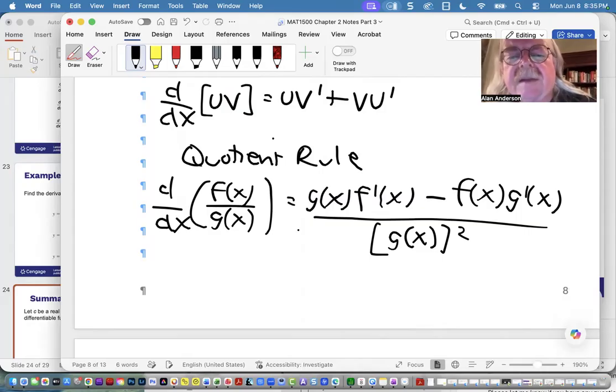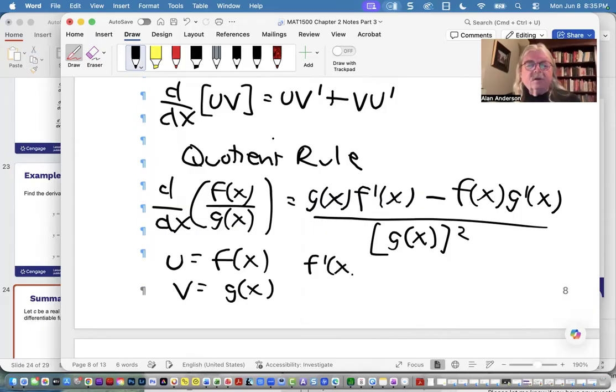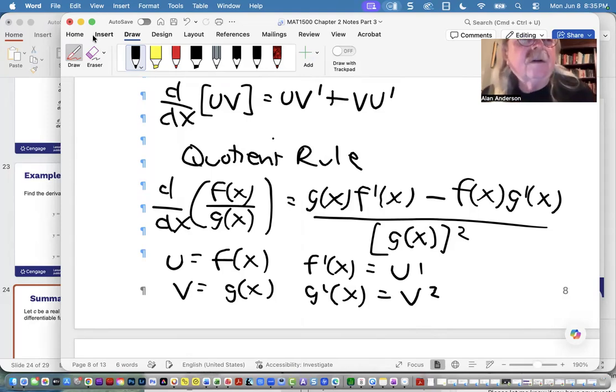But if we do the same thing, we let u equal f of x, v rather, is g of x. That implies that f prime of x is u prime and g prime of x is v prime. Oh, not squared, prime.